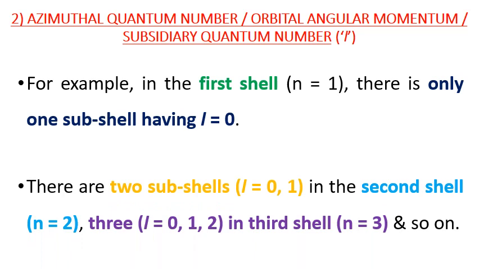In the second shell, n equal to 2, there are two subshells having l values 0 and 1. In the third shell, whose n value is 3, there are three subshells having l values 0, 1, 2 and so on.